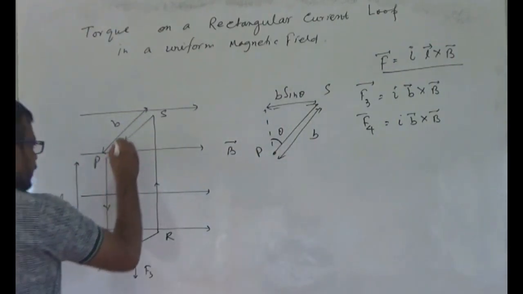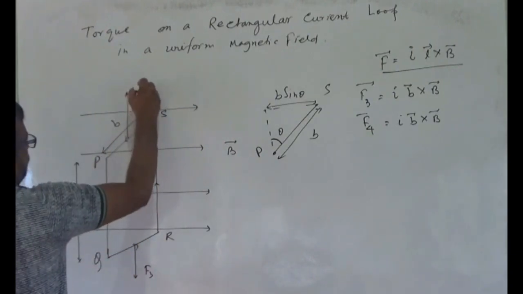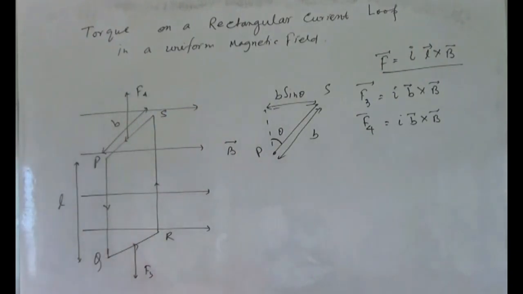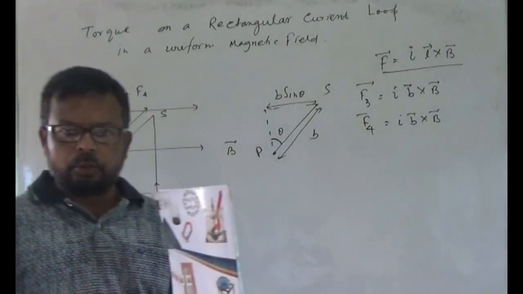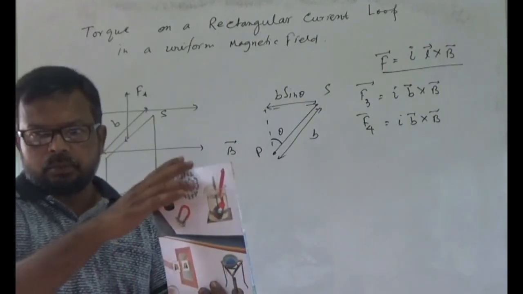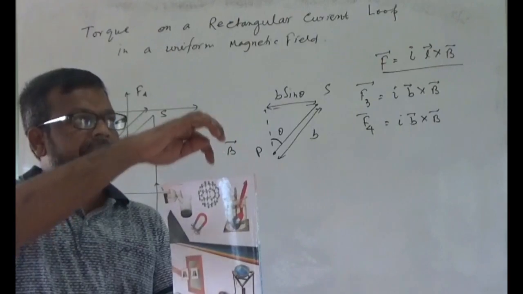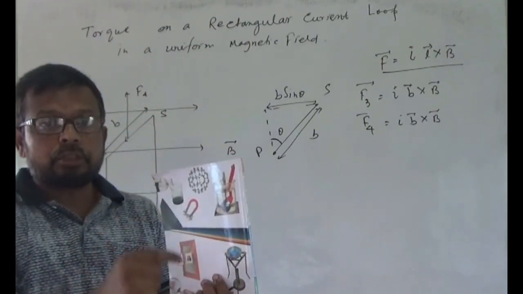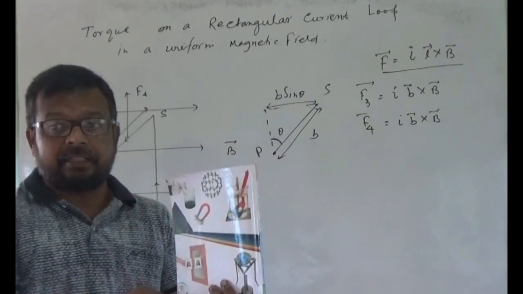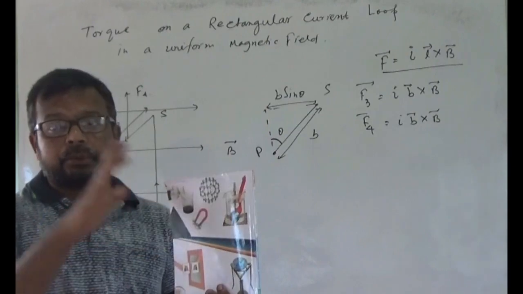And again you apply the right hand screw rule, and you will get the force in the upward direction. Now see here, this was my rectangular loop, and the force on this arm is acting upward, the force on this arm is acting downward, and both the forces are on the same line and also have the same magnitude.